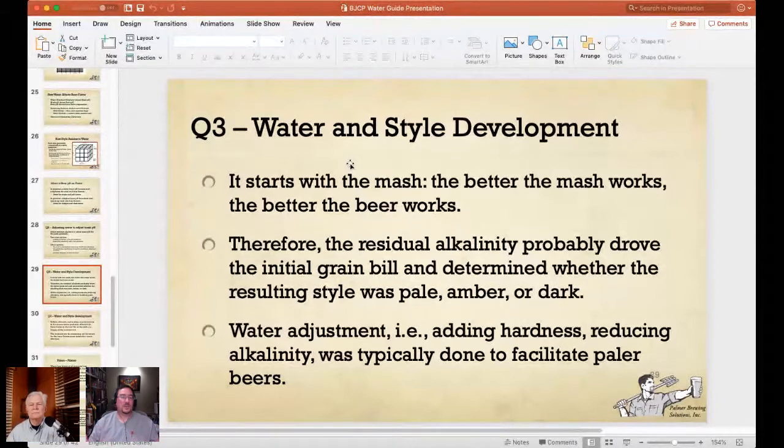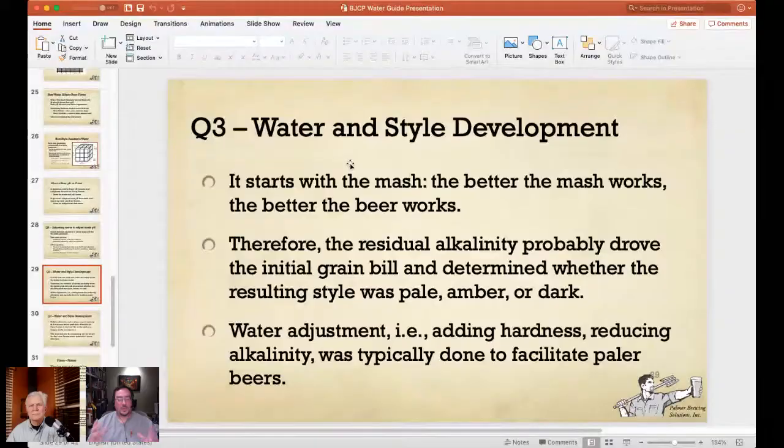Well, they used their tongue, they used their palate, they tasted the beer, they looked at the results of their mash, and it's like, hey, the mash didn't work. I didn't get much sugar out of my mash. So even though they didn't have a pH meter, very often they didn't have a hydrometer or a thermometer even, 300 years ago, 400 years ago, they had their senses.